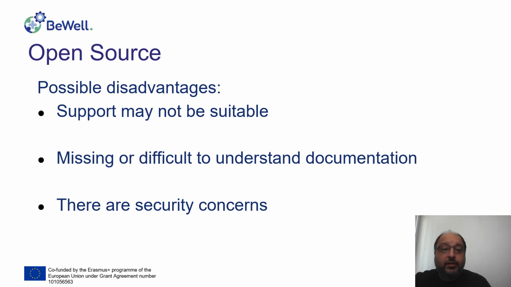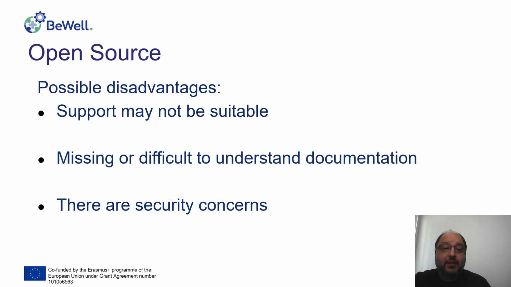Also, because there are many people that develop open source software, sometimes there is a lack of documentation, or the documentation is written in such a way that is difficult to understand because the IT experts and the healthcare professionals speak in different languages, so it is not very easy to understand each other.